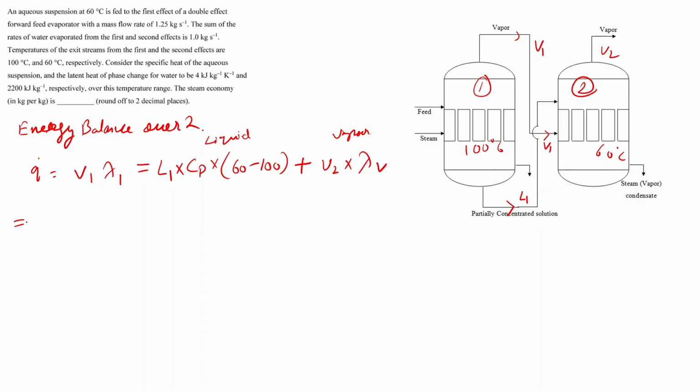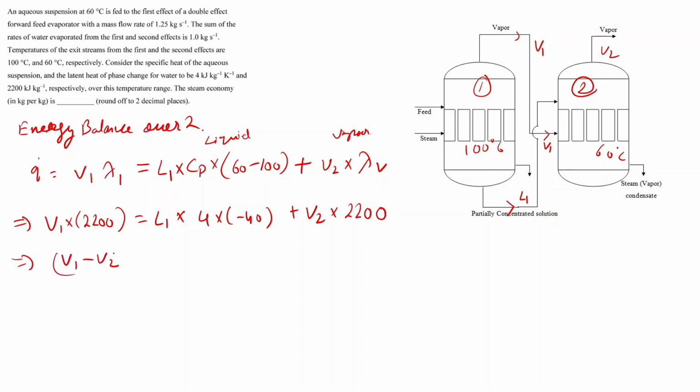Now we can just replace the values. V1 into 2200 is equal to L1 into the specific heat of this suspension, given as 4, so we can write it as L1 into 4 into minus 40, plus V2 into lambda V, which is 2200.